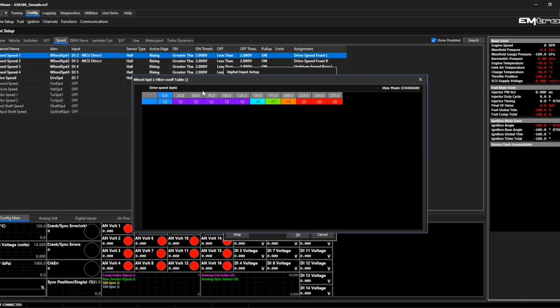So if you have front left drive, it would be more common to have this set to front left drive. In this example, we've got drive speed on this, which shares the same speed characteristics closely to the actual front left drive.